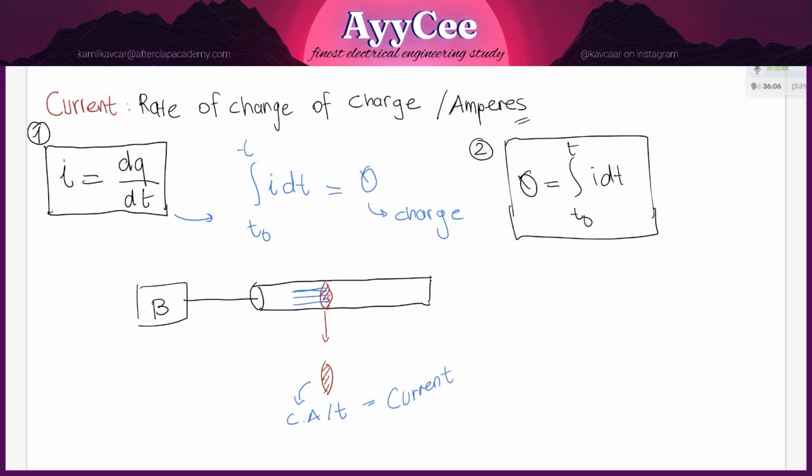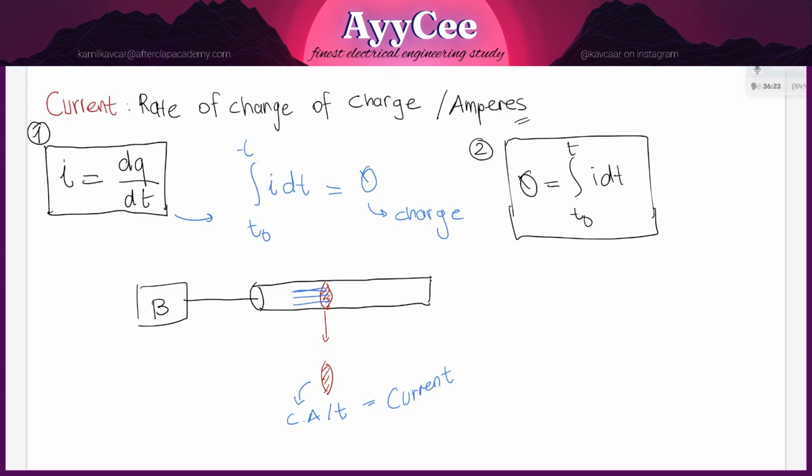Now, yes, we understand the relationship between current and charge, and that it is happening because charges flow. But there is information that is really important, which is that we have several types of currents.